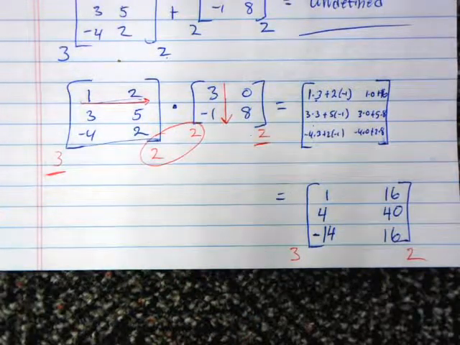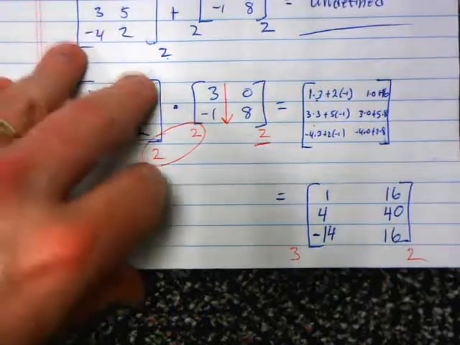Why do we multiply in that weird way? That seems awful complicated.